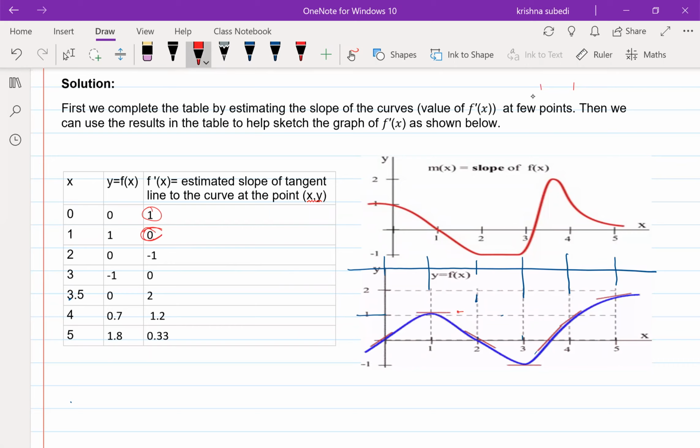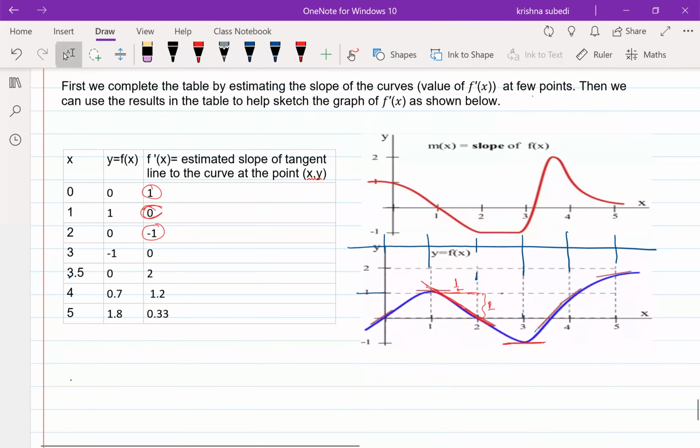In the same way, if I look at the tangent line at 2, rise is this part, 1, and run is also 1, but it's going in the left hand direction. So rise is 1 over run is -1. Therefore, the slope will be -1. That is the derivative, because derivative means slope of the tangent line. In the same way at 3, the slope of the tangent line will be 0, and so on.